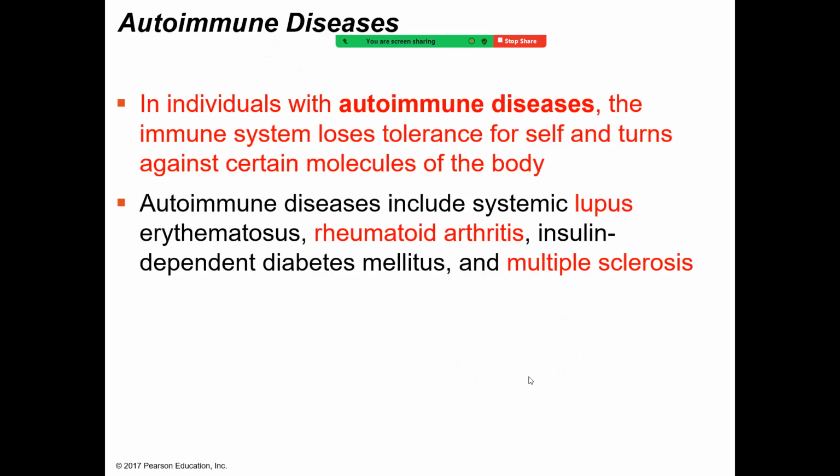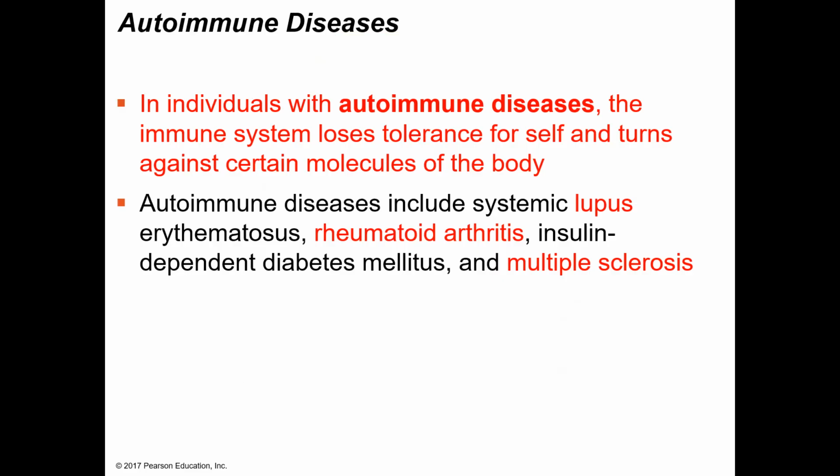Autoimmune diseases are also trouble with the immune system. This is essentially when the immune system loses tolerance for its self cells and turns against certain molecules of the body. So there's a variety of different autoimmune diseases; auto means self.